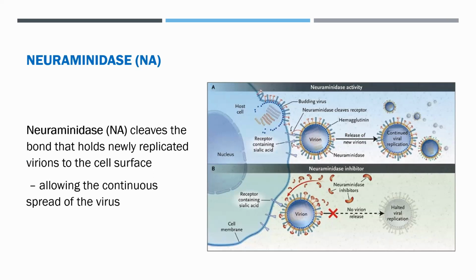The virus needs this enzyme to break up the bonds that hold the newly replicated virions inside the cell, so it allows the virus to escape into the surroundings and hence allows the continuous spreading of the viral infection. Without this, the virion might be trapped inside the cell.